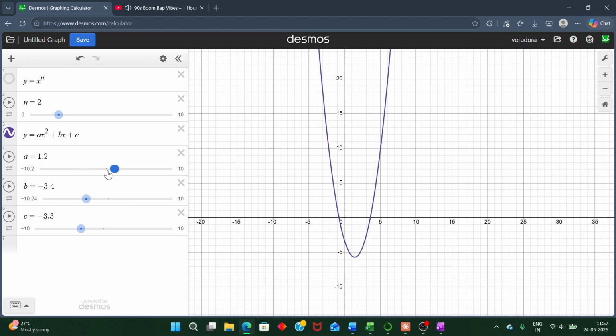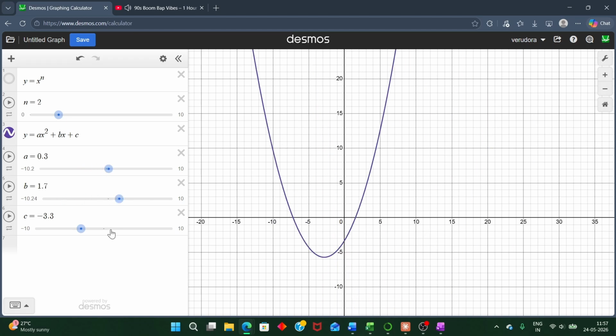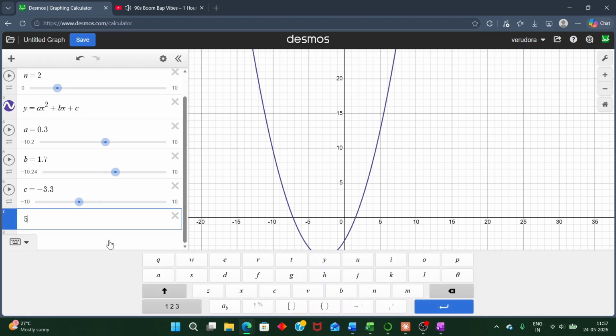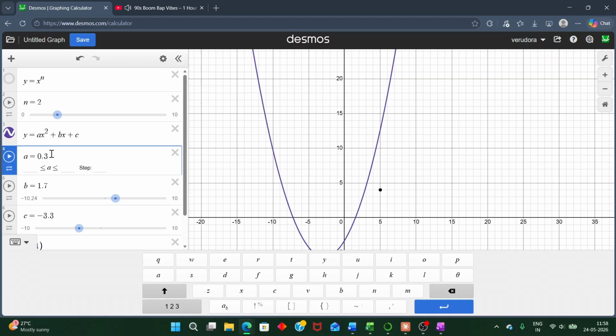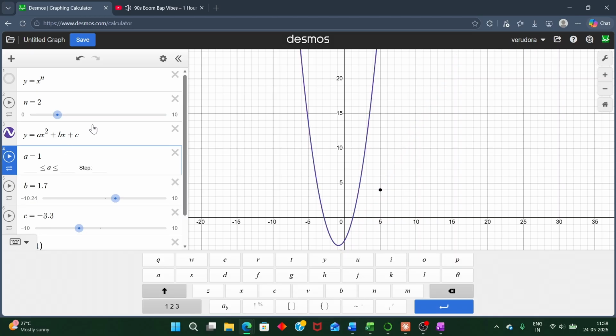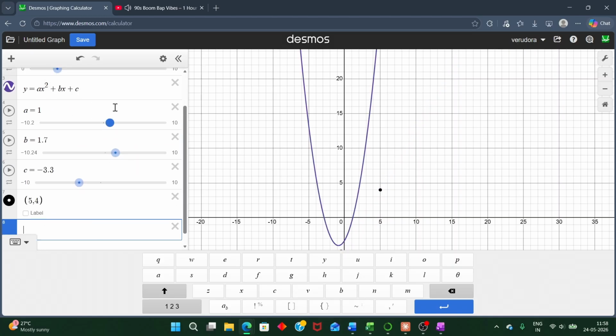For example, I want to make a parabola that passes through, let's take 5, 4. I will modify only these three parameters and make it pass through this. In most of the cases, a is equal to 1.